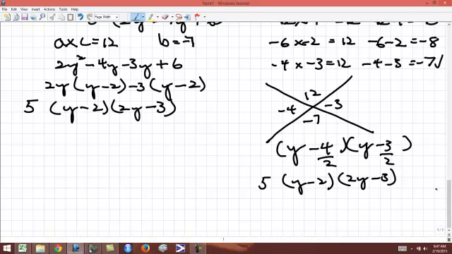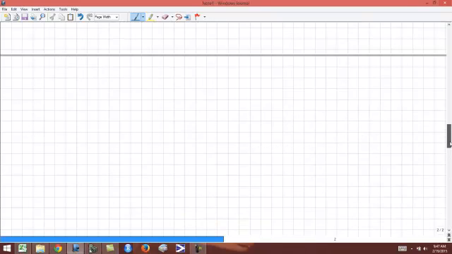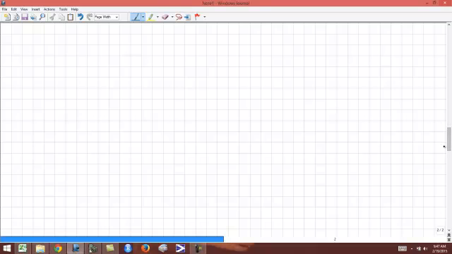Okay, so that's guided practice 1B. Okay. Now, let's go right to guided practice 2B. We really don't need to do much in terms of the example. So let's go to guided practice 2B. Hold on.